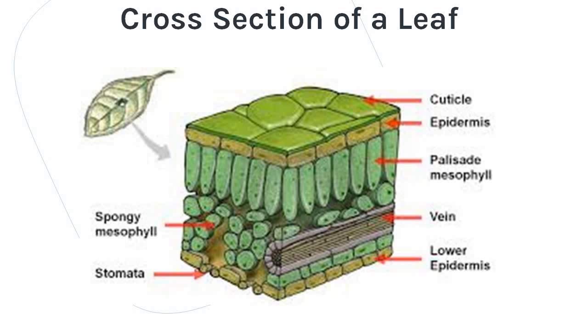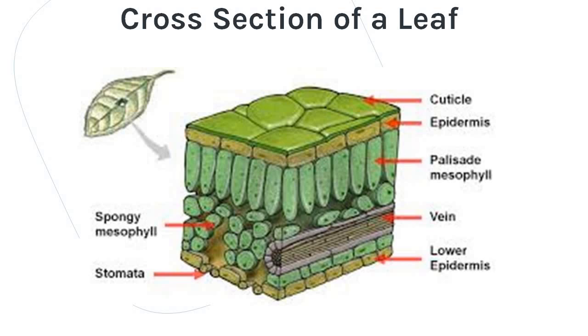When you see this cross section of a leaf, it has two outermost layers, upper epidermis and lower epidermis. Chloroplasts and guard cells are present in between these two layers. Chloroplasts contain the chlorophyll pigments.